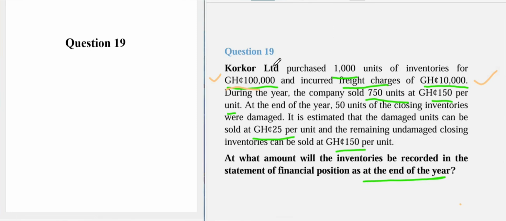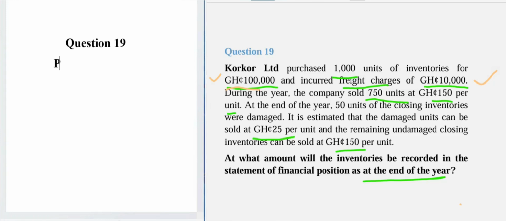So here, what we have to do is look at the cost of the inventory first, right? The cost is given, but we're told the purchase price.